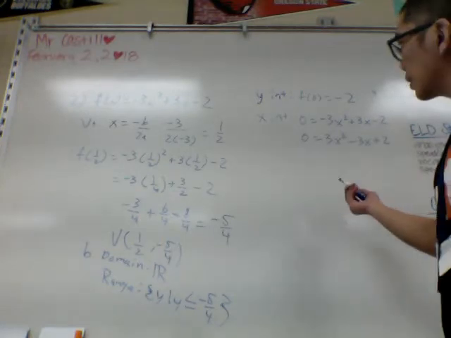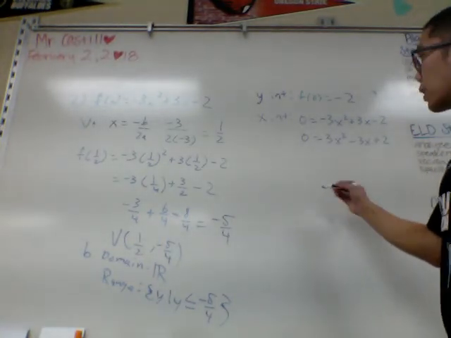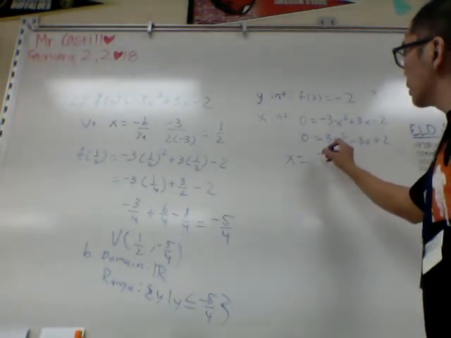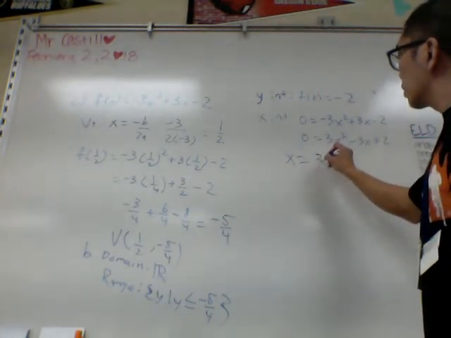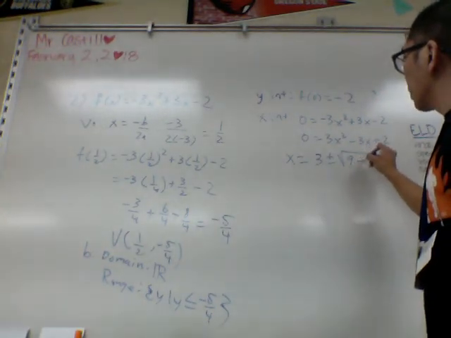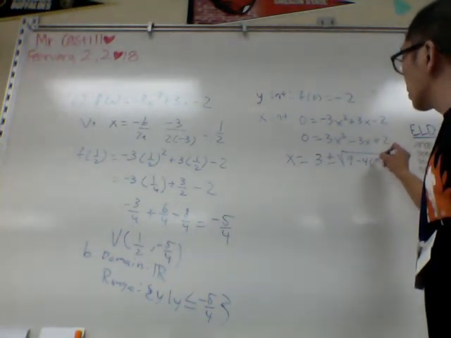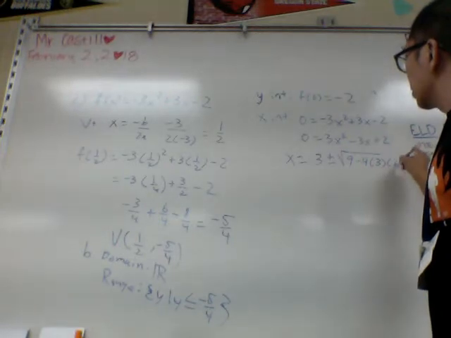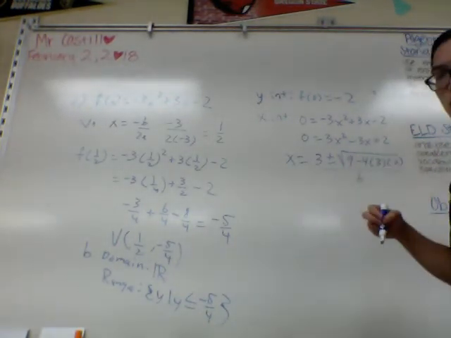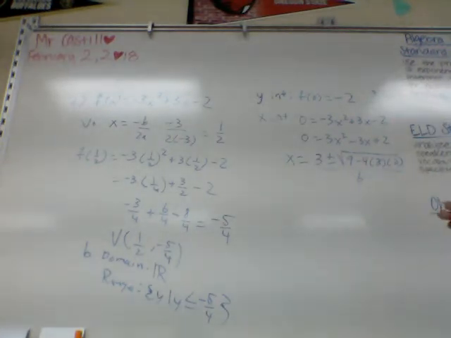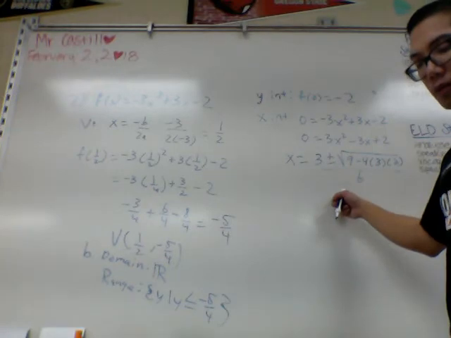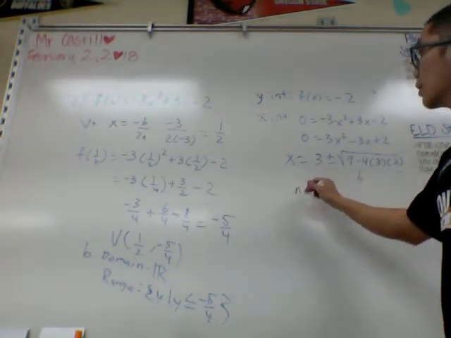So next thing you would do is, okay, I could use the quadratic formula to find my x-intercepts. And so this would be 3 plus or minus the square root of 9 minus 4 times 3 times 2 all over 6. But you already see that the number under the square root is negative. So this won't have any x-intercepts. So no x-intercepts here.